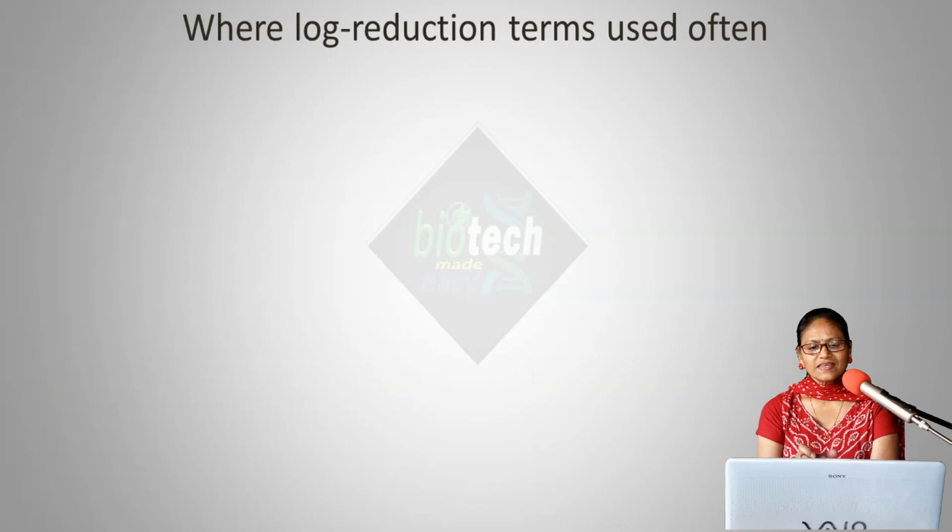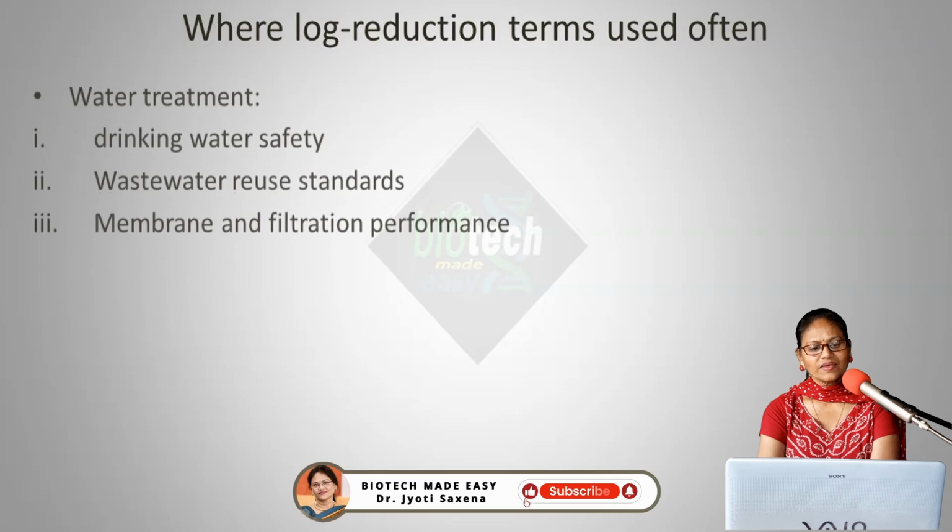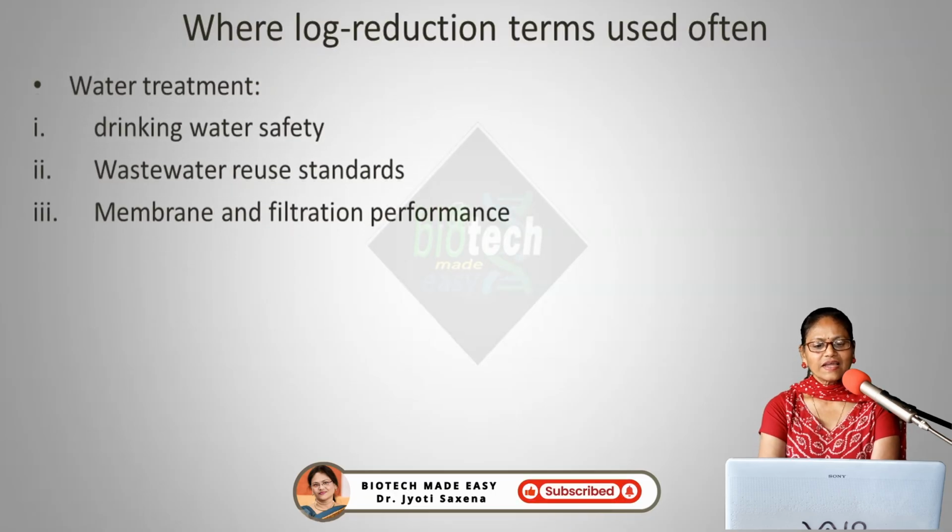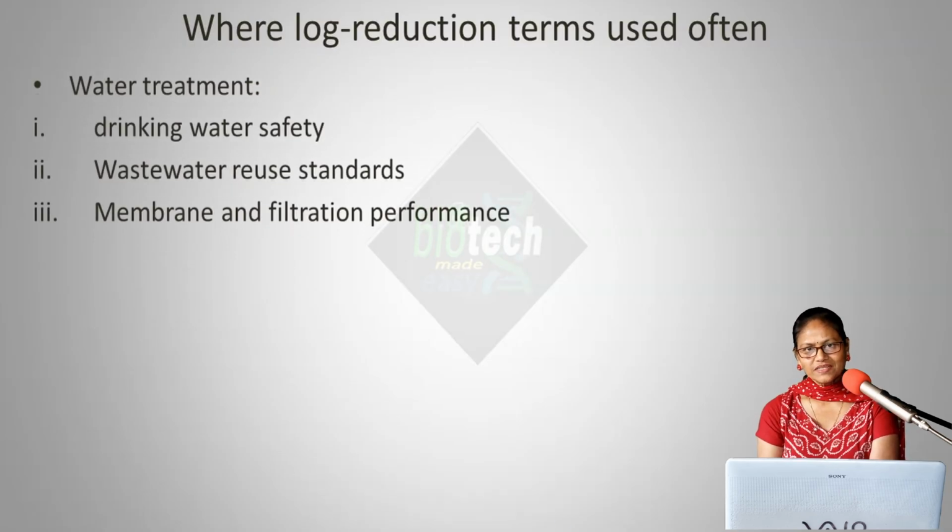Now, let's see where these log reduction terms are used. It can be used in water treatment or wastewater treatment units. There may be drinking water safety rules and regulations, and we have to follow the log system, like 4 log should be there for drinking water.